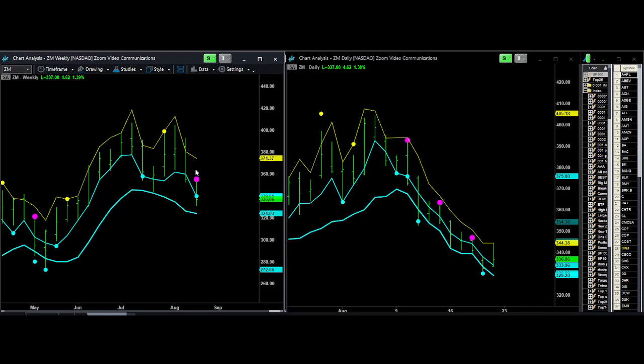For this Zoom stock, right now on the weekly chart, the stock price has already dropped below the first line of defense, the resistance support trend line, and it is also trying to reach another level of trend line, the minimum value trend line.